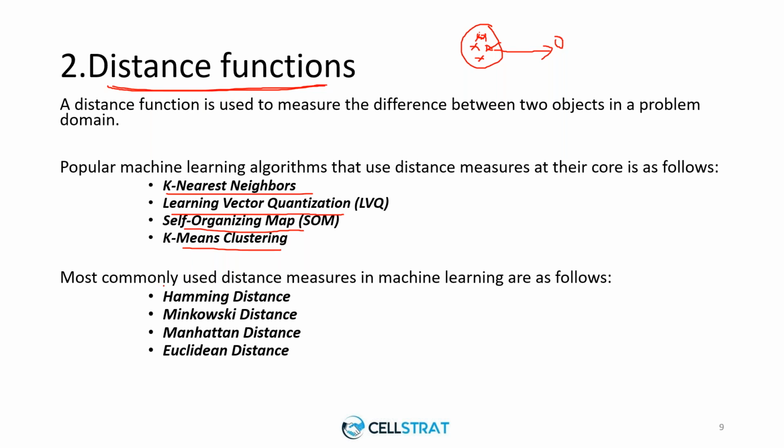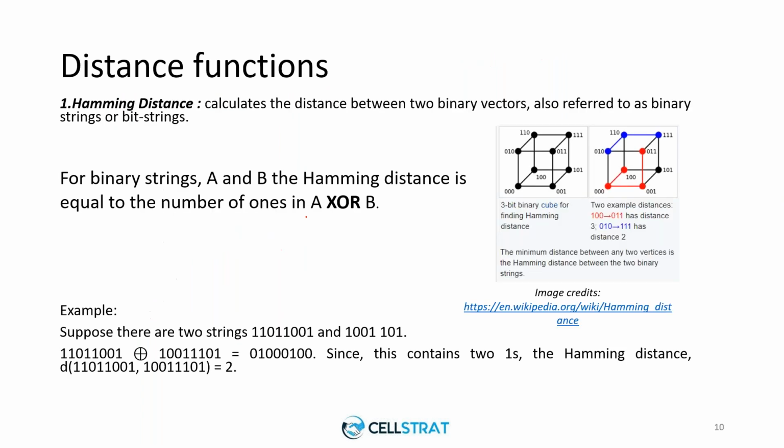Okay, so there are a few commonly used distance measures or functions like Hamming distance, Minkowski distance, Manhattan distance, and the very famous Euclidean distance. So we will look at these one by one in due course. Okay, the first one is the Hamming distance.